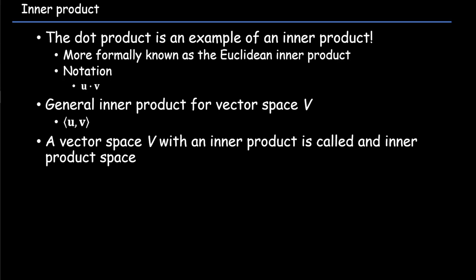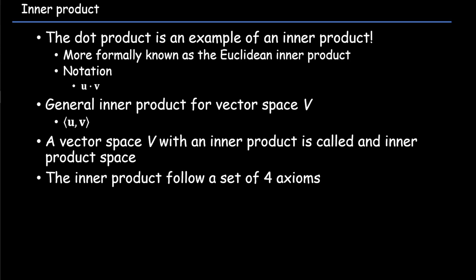For it to be an inner product, it must follow 4 axioms. It's pretty much similar to a vector space. If you recall, for a set to be a vector space, it has to obey 10 axioms. But in this case it's 4, which is much nicer than 10. So we're going to discuss the axioms of the inner product.